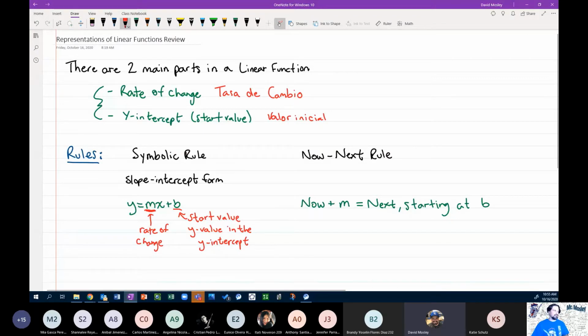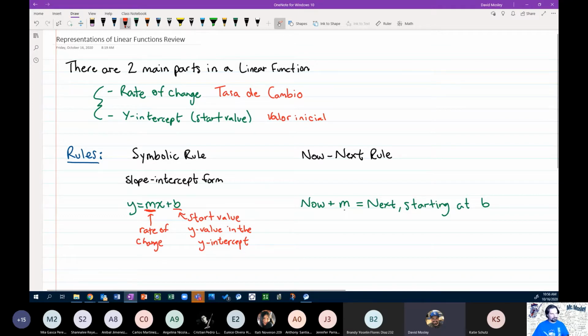So, la letra M es tasa de cambio y B es el valor inicial, que es el valor de Y en la intercepción Y. Those letters are just placeholders. They get replaced.